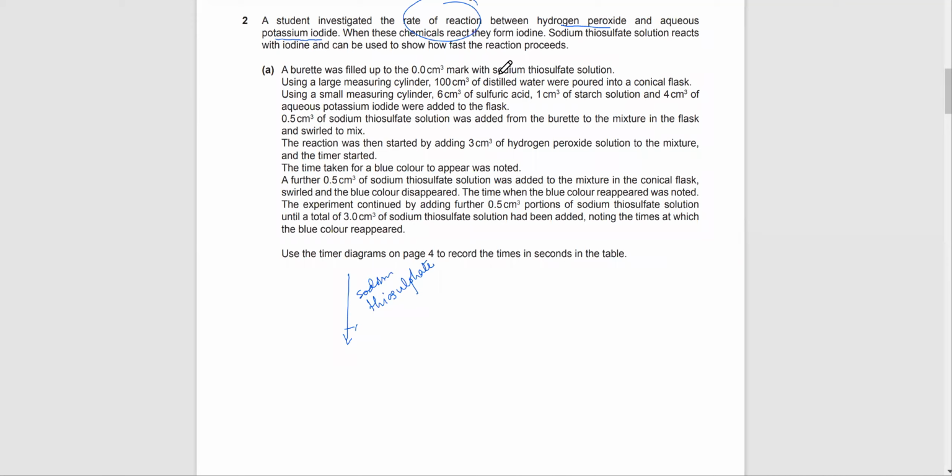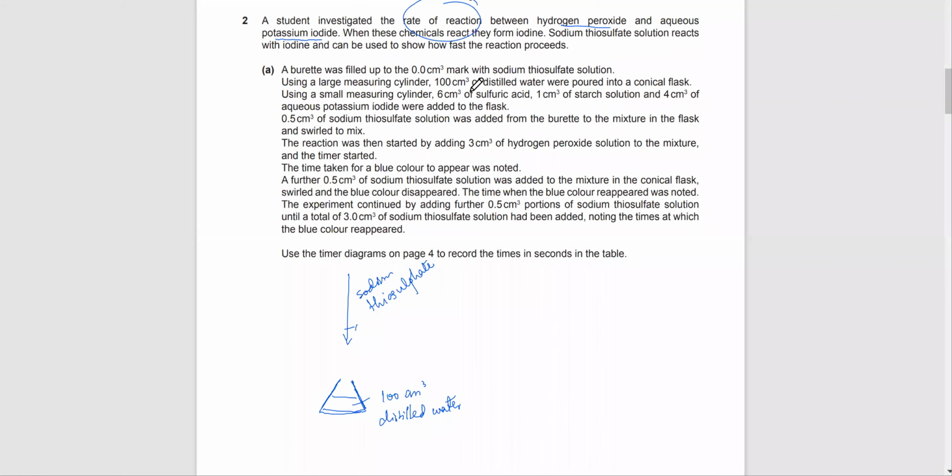Using a large measuring cylinder, 100 cm cube distilled water is poured into a conical flask. So there's a flask probably at the bottom, and you just added 100 cm cube of water in it, distilled water, pure water. Now that's been added over here.